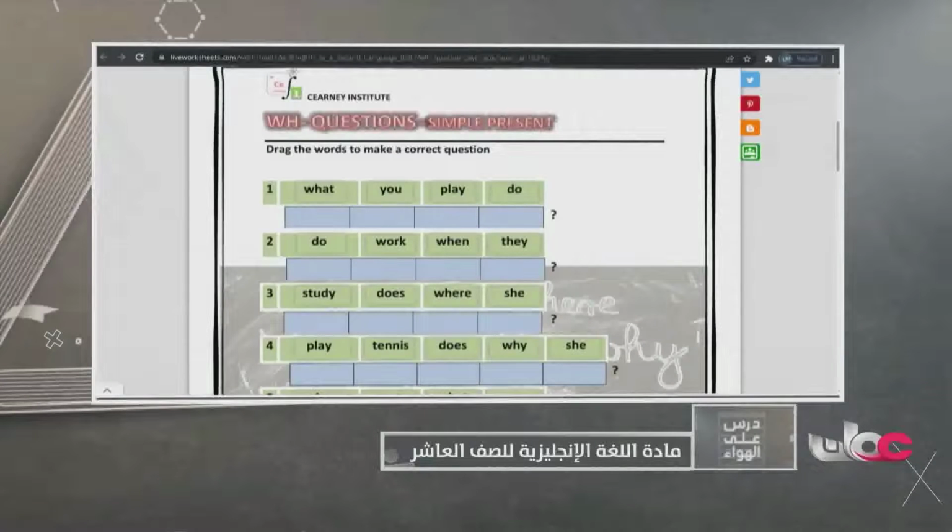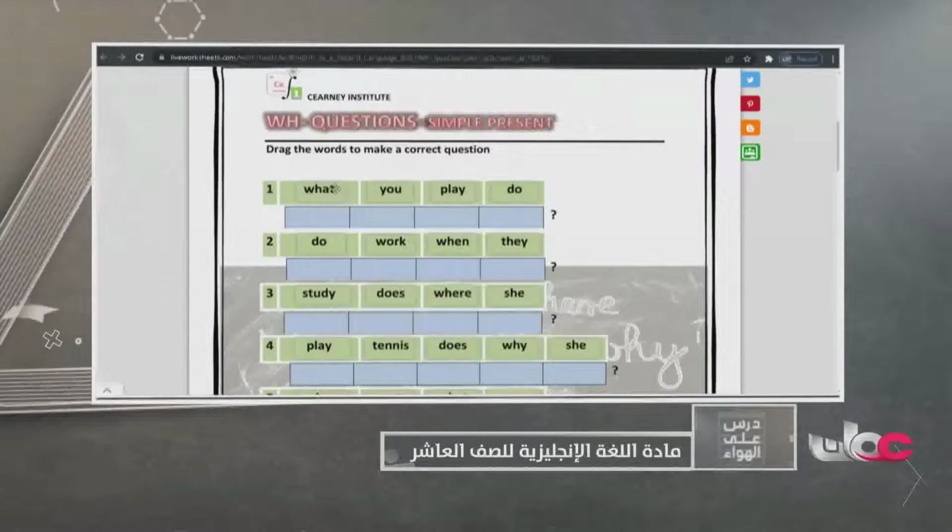In this question, he wants you to correct or put these words in the correct order in order to form a correct question. So if we start with the first one, what, you, play, and do, how can we form a correct question?